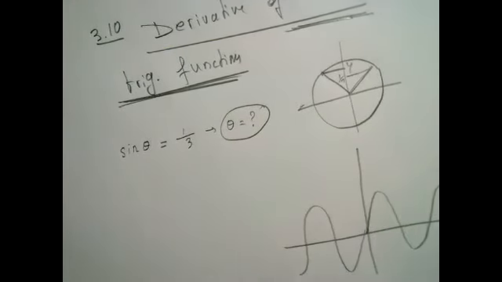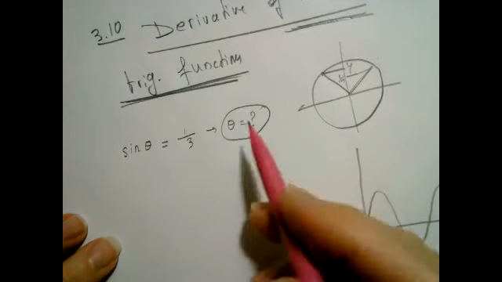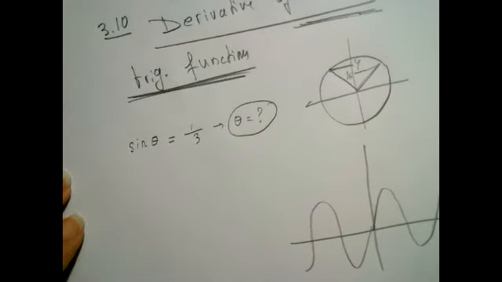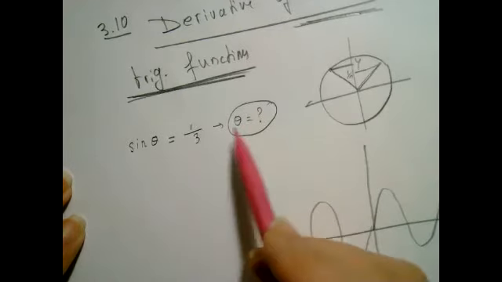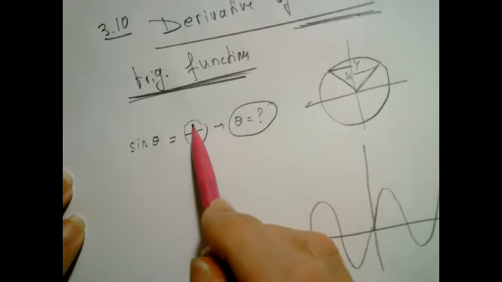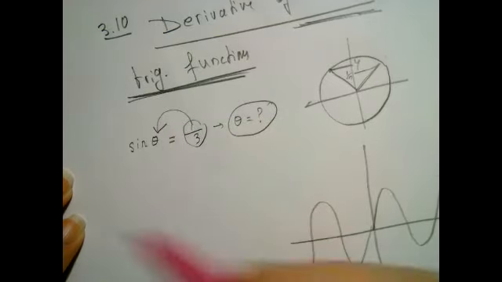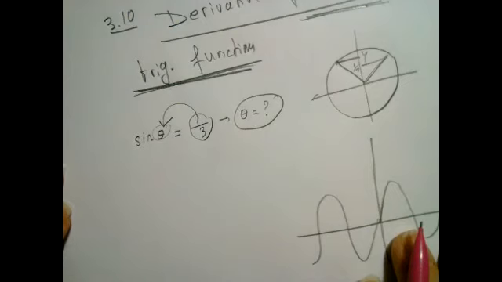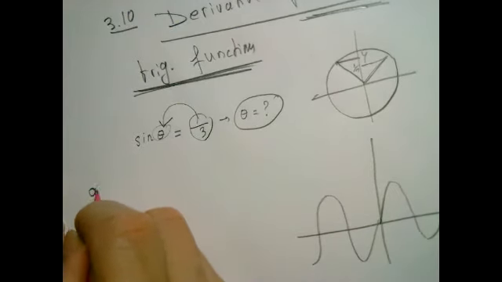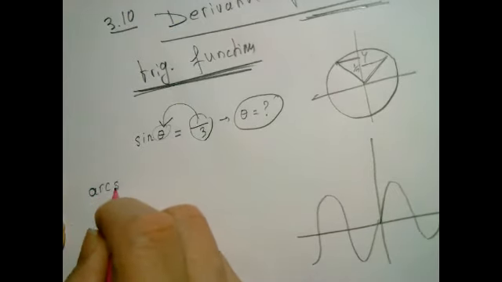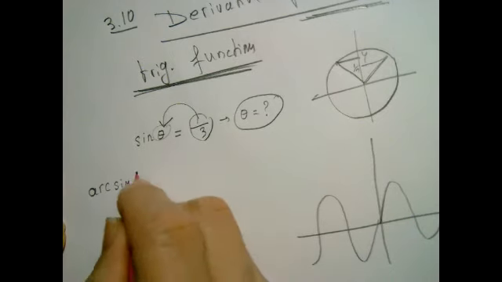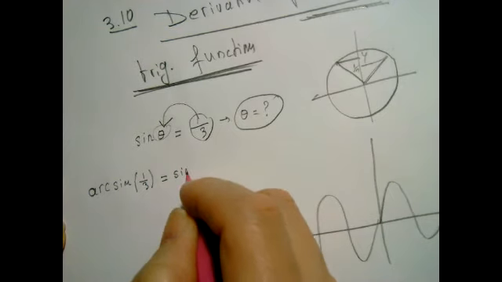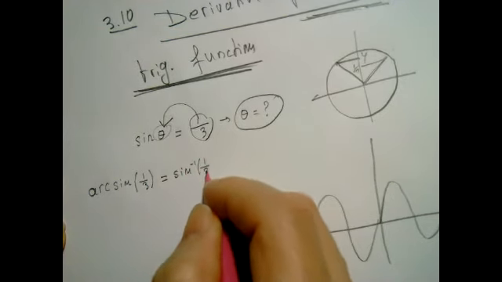You don't know what the angle is, but there is a function which is called arc sine, or the sine inverse, whose job is the following. You give it the value of the sine, and the function will give you the angle, which is the inverse. So we're gonna introduce a function called arc sine of 1/3, or the sine inverse of 1/3.